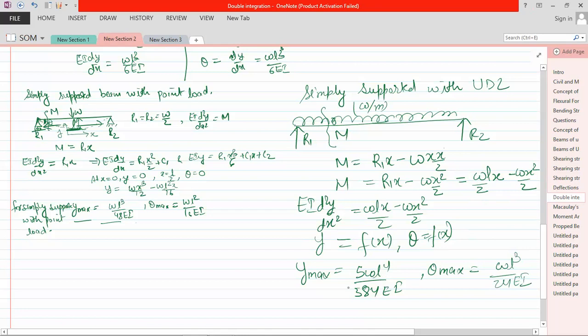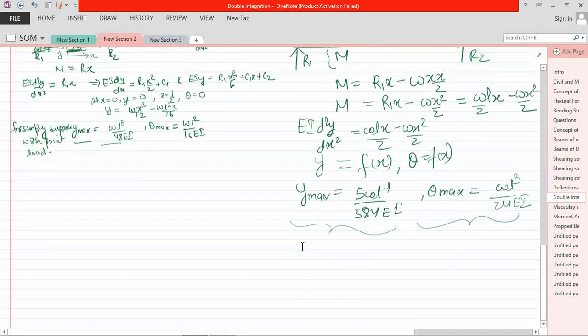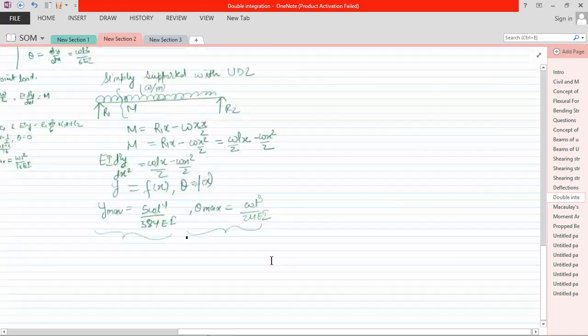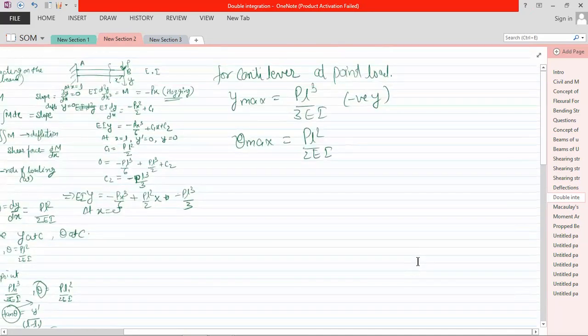So you need to learn this. Literally learn this. In the exam there is no time, you cannot derive all these things. So I am going to make a table. For cantilever with point load, these are your equations.